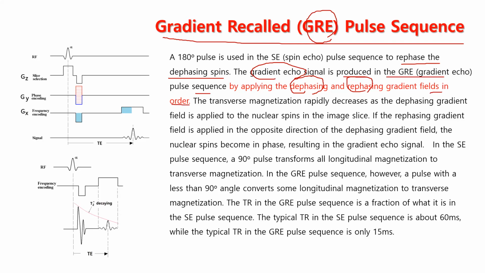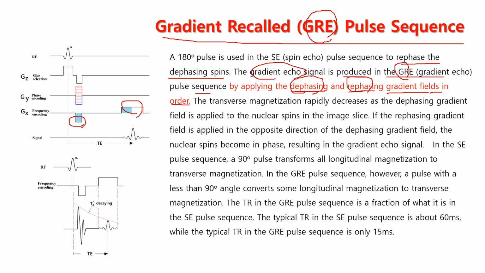So in the GRE pulse sequence, we use dephasing and rephasing gradient fields in order. Okay.